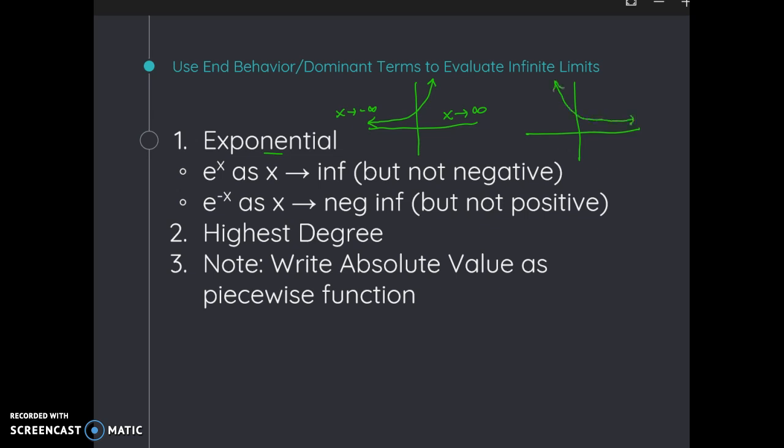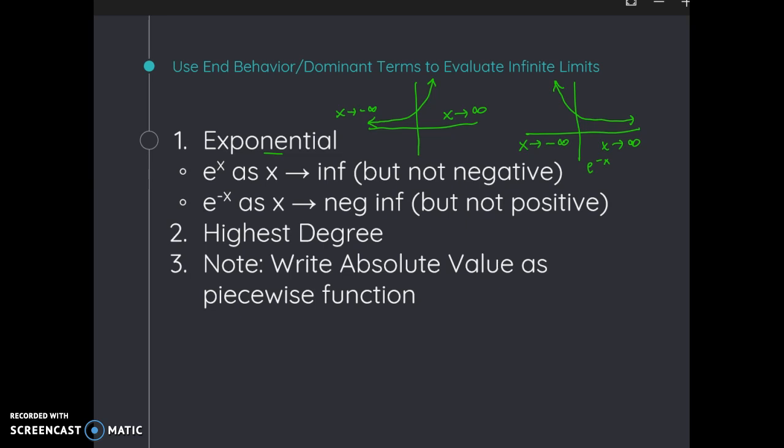So if I'm evaluating a limit as x goes to positive infinity, I'm going to ignore e to the negative x because it's not a dominant term as x goes to positive infinity, but I would use e to the negative x as x goes to negative infinity because that function is really impacting my function a lot in the negative direction. Once I've thought about exponentials, then I choose the highest degree of x that I have, ignoring all other x terms because they don't really have any impact beyond the highest degree.